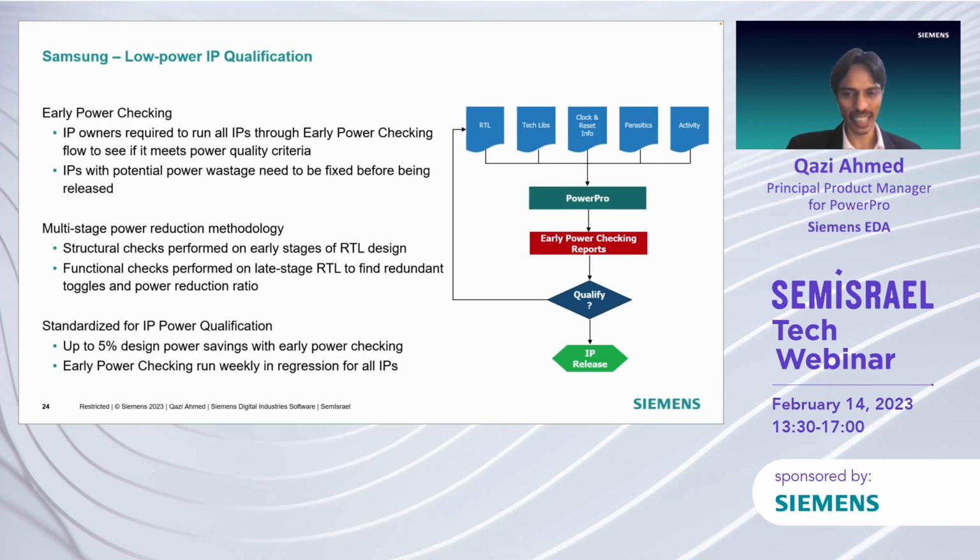So they use both automatic and guided kinds of power optimization and factor the changes into the code. And then this is run on a weekly basis. So Samsung has been able to successfully run power optimization, power estimation, and early power checking offered by PowerPro, and integrate that into a methodology that's mandatory for all IP designers to use.